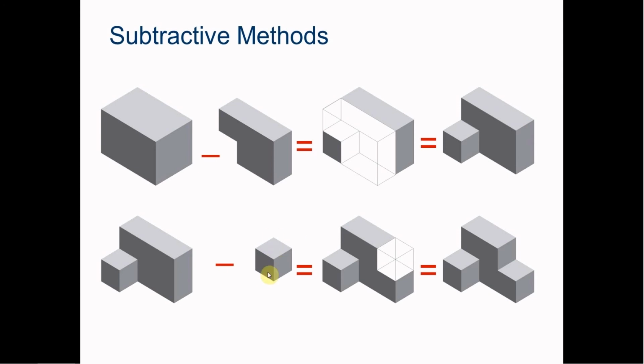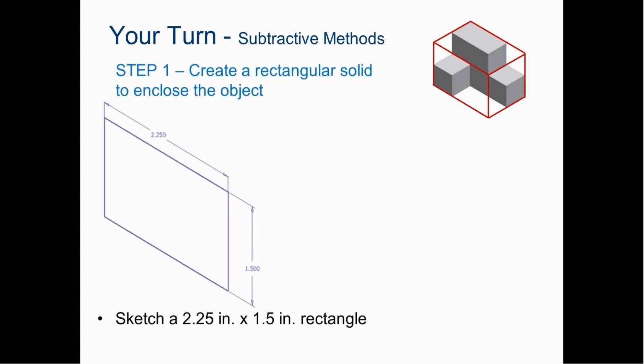So we'll subtract a cube, 0.75 by 0.75 by 0.75, and when you subtract that from this shape, this part is removed, and there you go. There's our complete part. So that's what we're going to try this time. So first step, we need to draw a rectangle that's 2.25 by 1.5. Let's get to it.